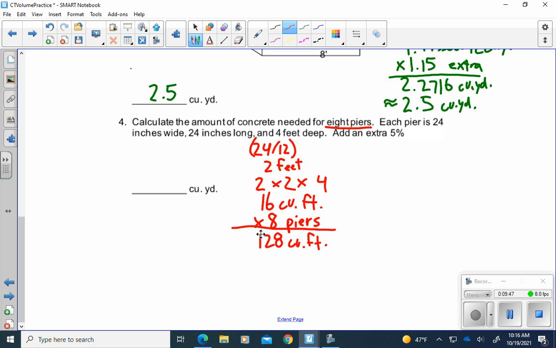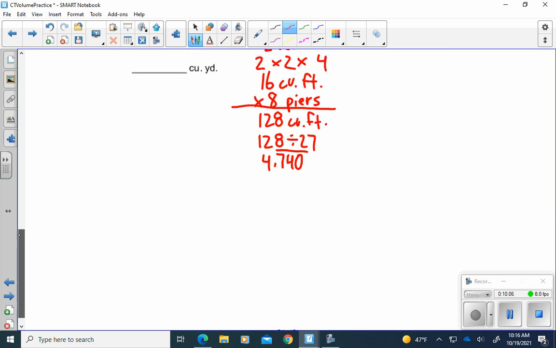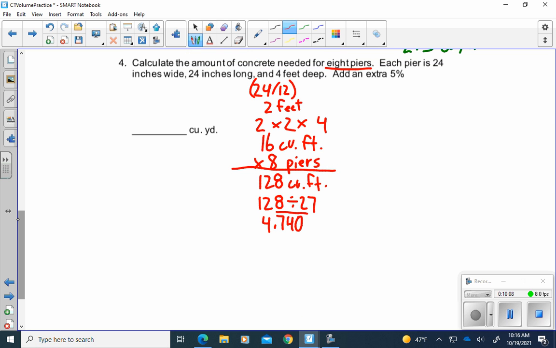And I want to convert to cubic yards, so we'll do 128 divided by 27. That gets to 4.740 repeating. That's cubic yards.